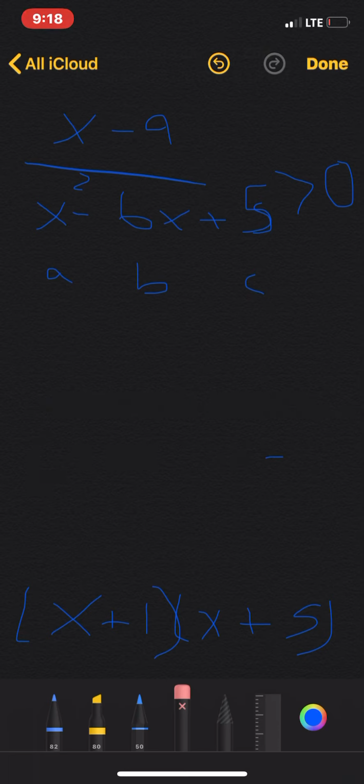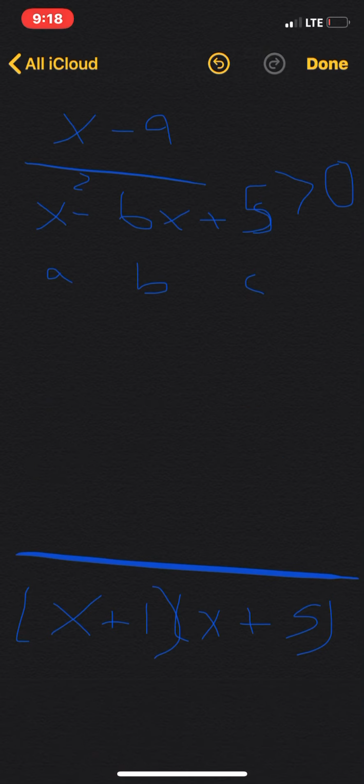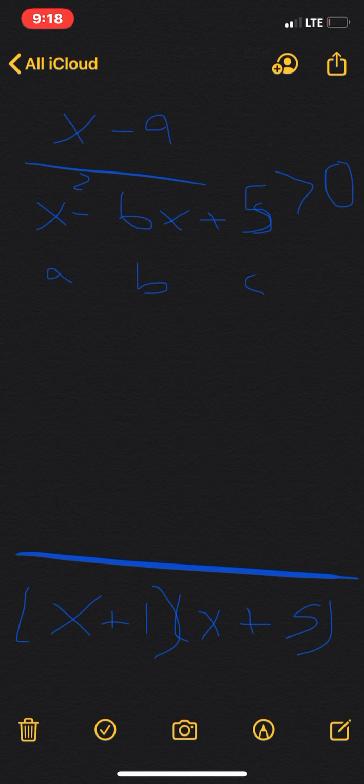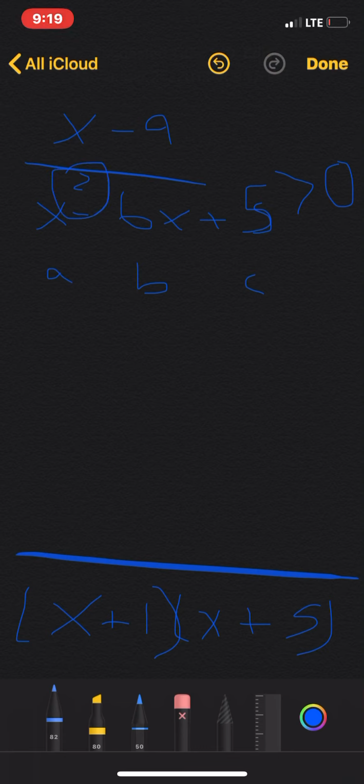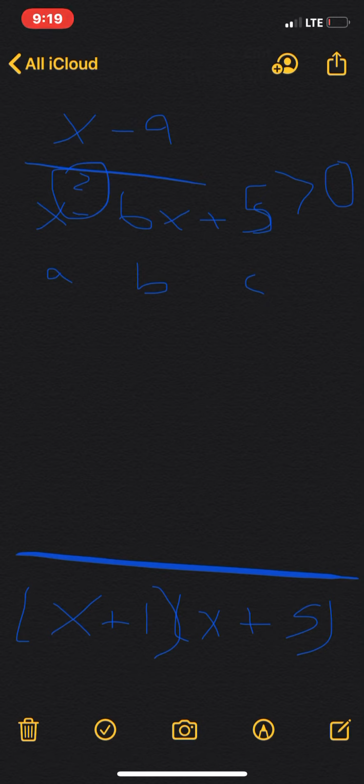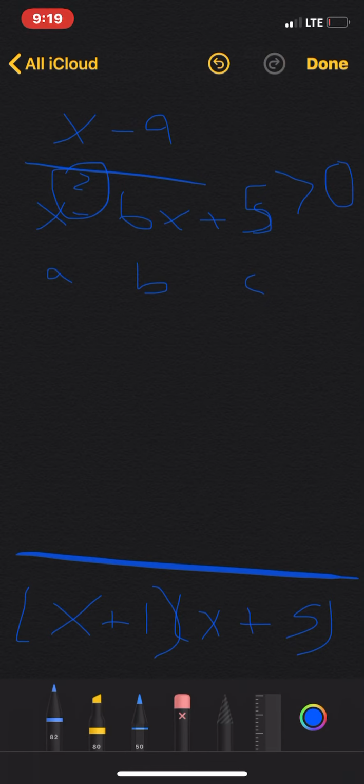Now, the next thing you want to do is get your horizontal asymptote, and that one is quite easy. You simply look at it, and because our equation is bottom heavy, because we have the greater exponent in the denominator, that means we have a horizontal asymptote at y equals 0.